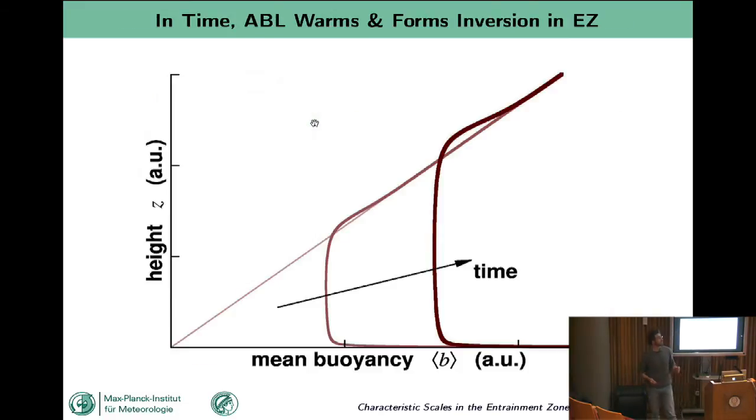What happens to the system as time goes by? Yeah, you simply warm the atmospheric boundary layer. This is exactly the same as before, but this is from the real simulation. Before it was just a sketch. So you have here the background stratification. You just have the height, the mean buoyancy, in some arbitrary units. As time goes by, you see that you increase the temperature or the buoyancy close to the wall, you mix it, and what you do is simply you mix the whole boundary layer and you warm the whole boundary layer.